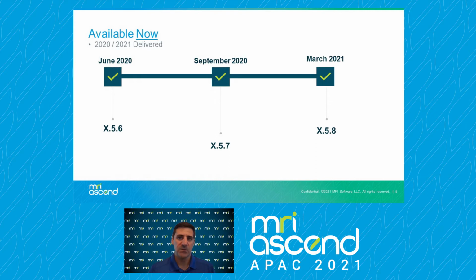In September of 2020, we released X57, and most recently, as I mentioned, in March of 2021, we did release X58. So the 4 demos I'm going to show you, they are all available as of March 2021 and are fully functioning as part of our BNF product.